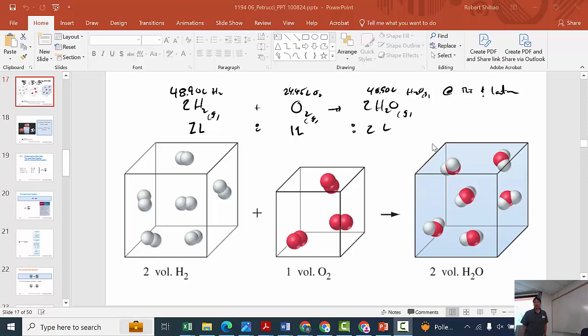So one variation of this is rather than forming H2O gas, we form H2O liquid. So let me put that in here.